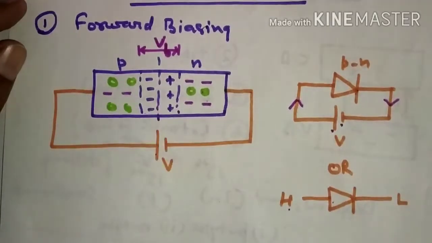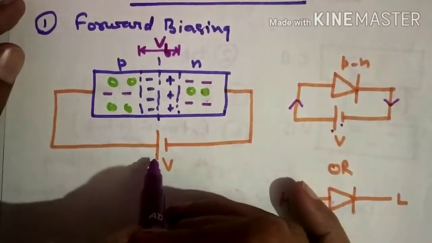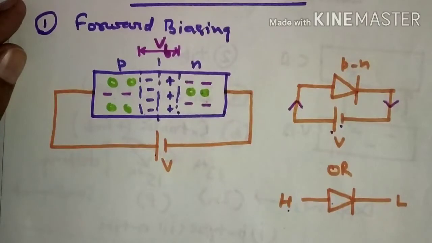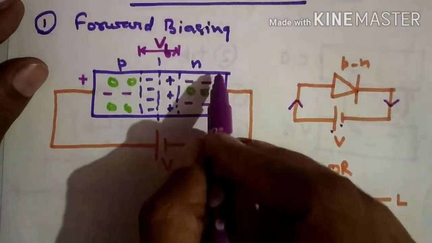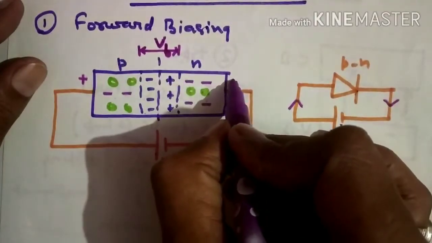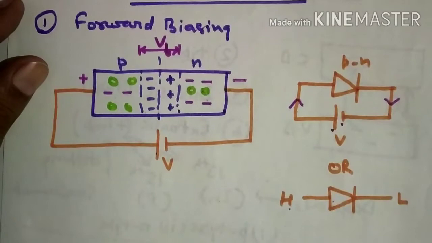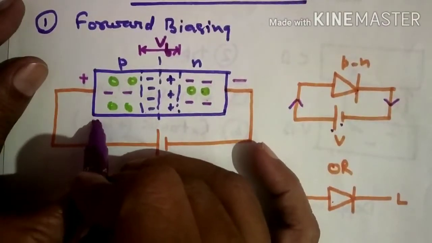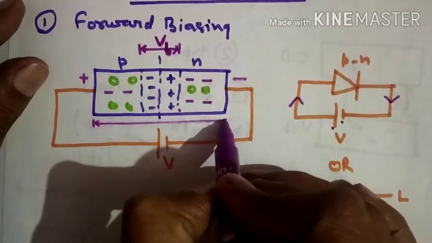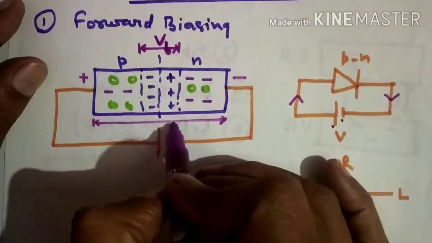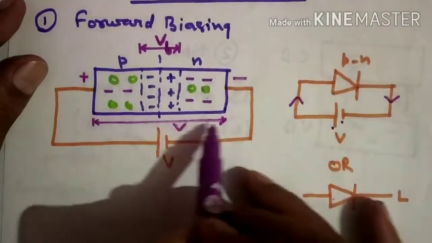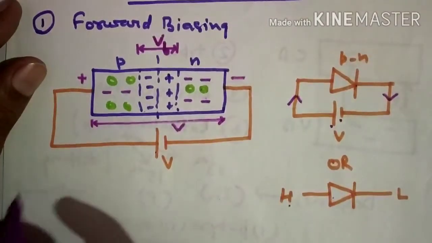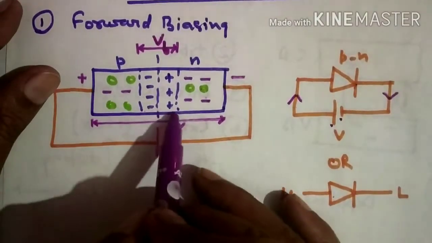Now when we connect this positive with the P, the P region of the diode receives the high potential, and N region with the negative, so the N region becomes negative. So there is a potential difference across the diode that you have applied, V. This potential difference mainly drops across the depletion layer.